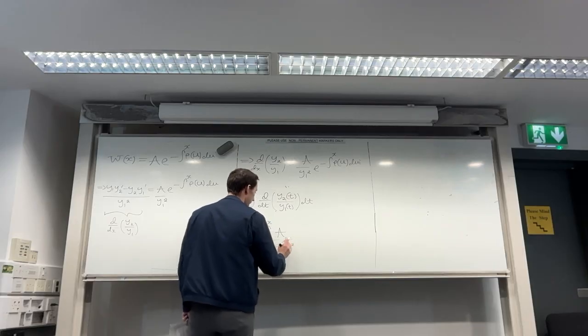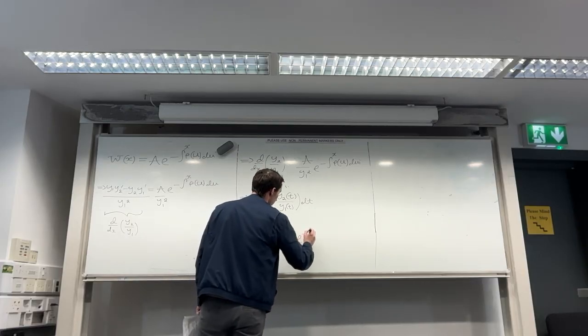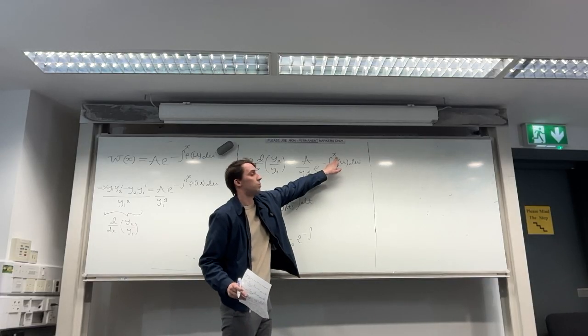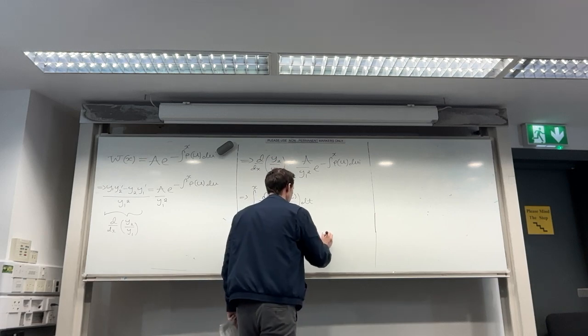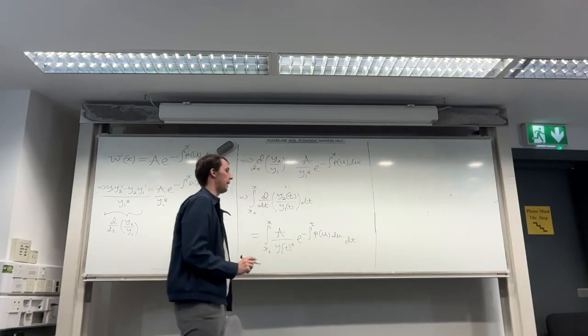So that becomes A over y1 of t squared times e to the power of minus the integral, well, the x here we're going to have to replace with t, so that's the integral to t, and the u's we can leave as is because they're already dummy variables. And then this entire thing is being integrated with respect to t.